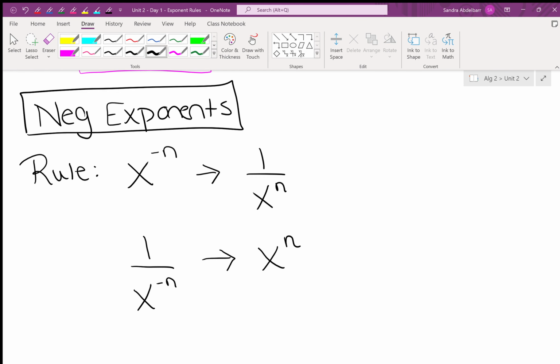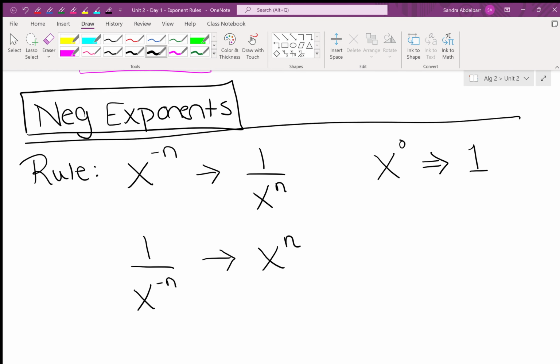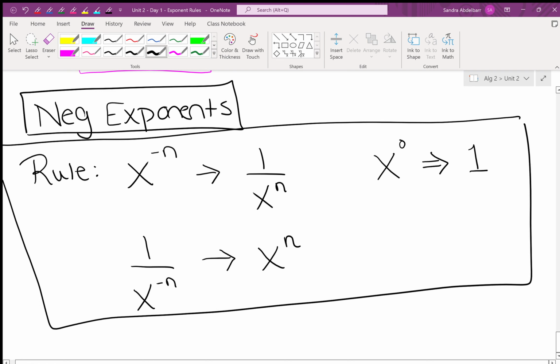And there's one thing we didn't talk about yet, but we should all know: what is anything to the 0 power? 1. Very good. Anything to the 0 power is 1. All our rules.